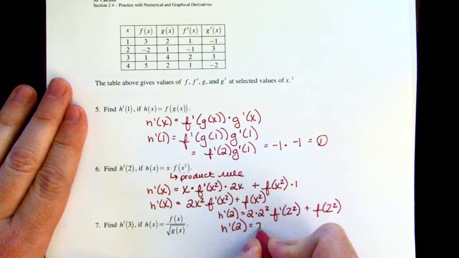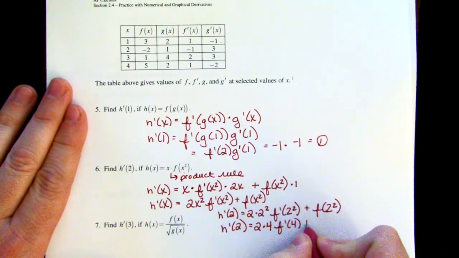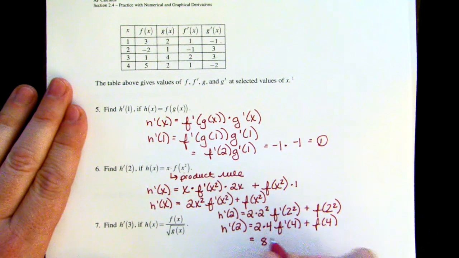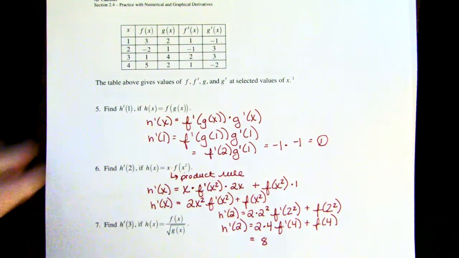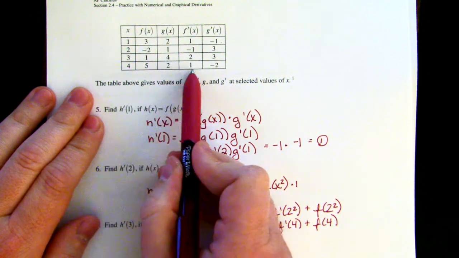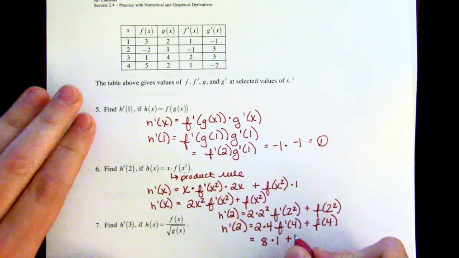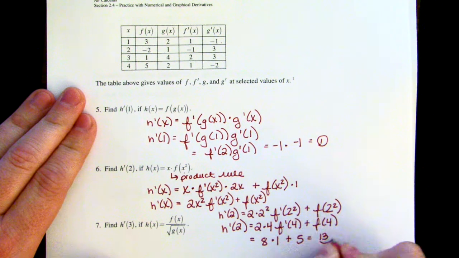H prime of 2 is looking like 2 times 4 times f prime of 4 plus f of 4. You go finish this off. Go get your values from the table and submit your answer. F prime of 4 looks like 1. F of 4 looks like 5, so 8 plus 5, we're going to get 13.